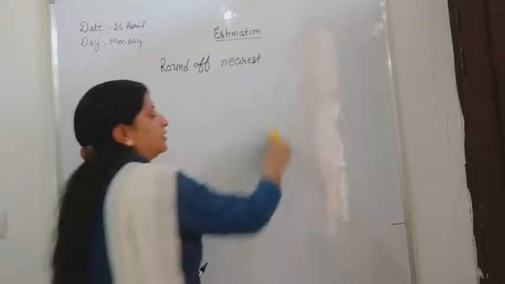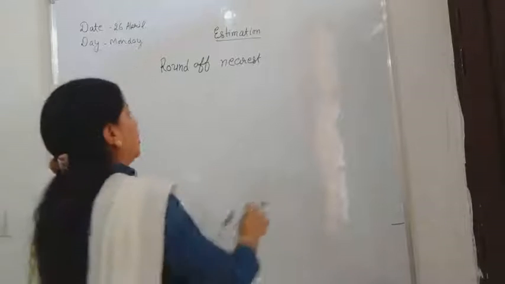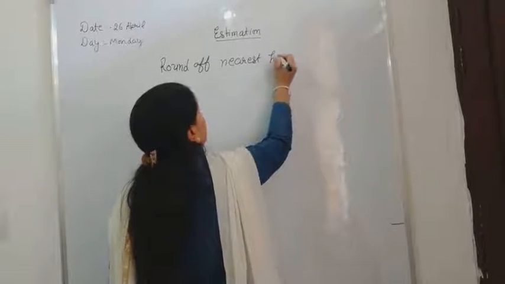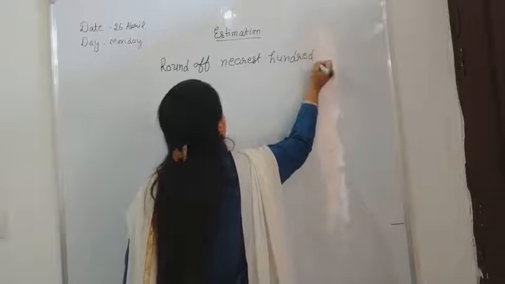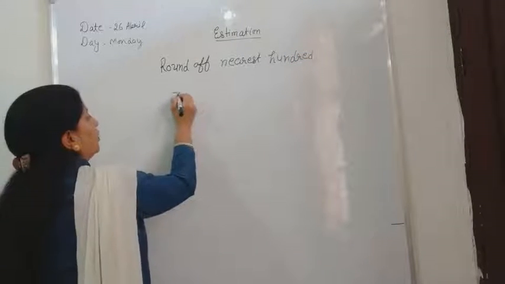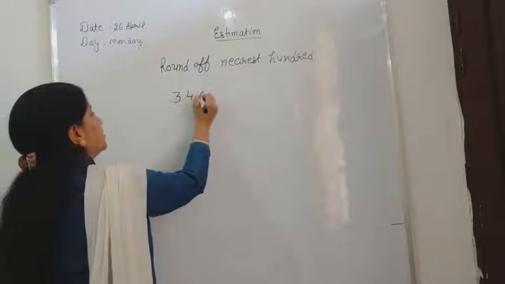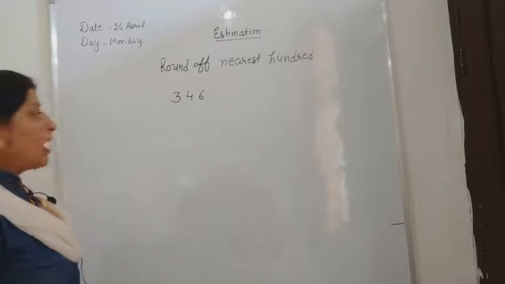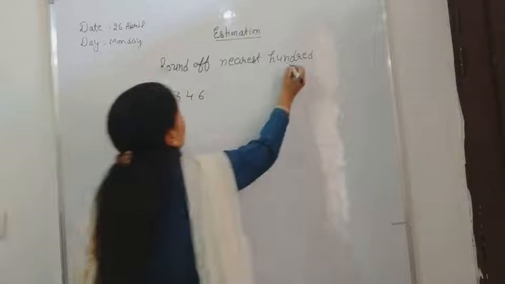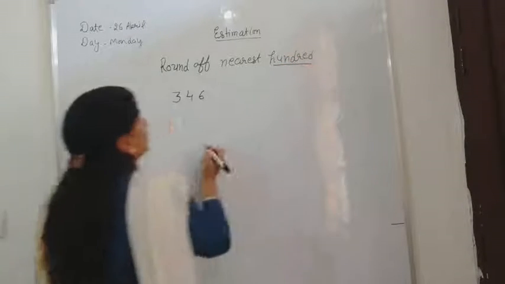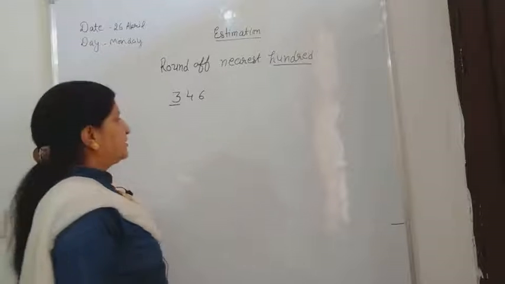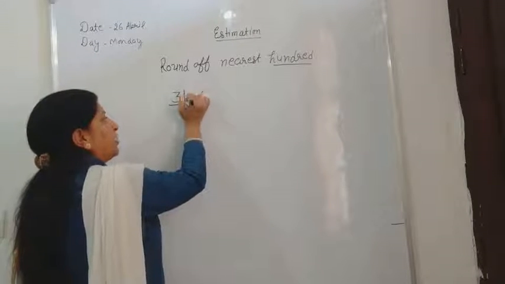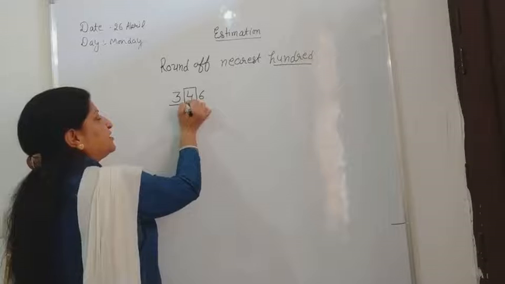Nearest 100. Suppose we take an example of 346. Here we have to round off to the nearest 100, so we underline the hundreds place digit, that is 3, and make a box on the tens place digit.